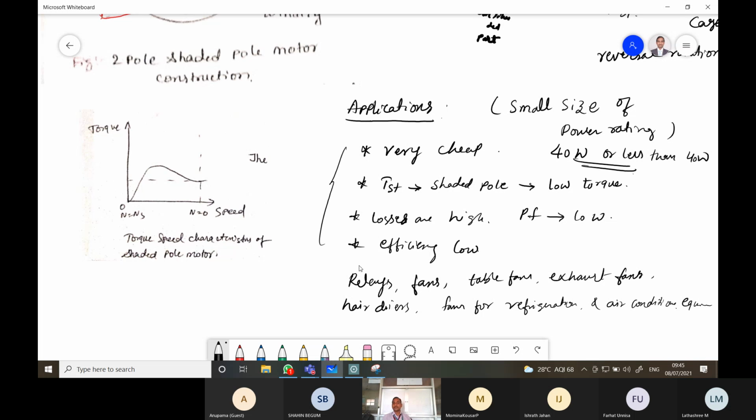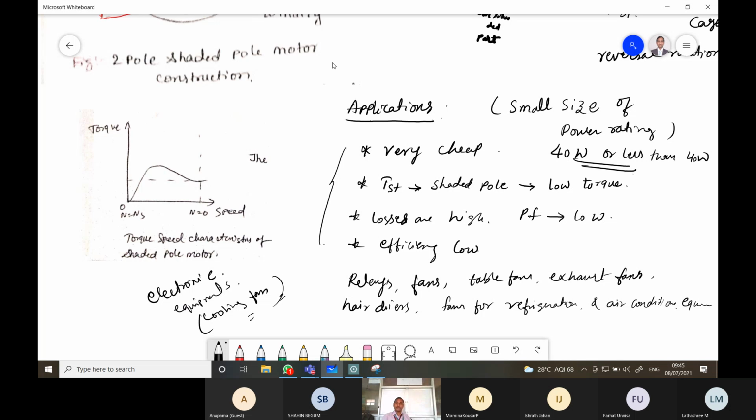Especially it can be used in electronic equipment like cooling fans. You can observe in computers and laptops a small fan. Whenever the circuit gets heated up, these small rating fans are used for cooling. That is a shaded pole induction motor.